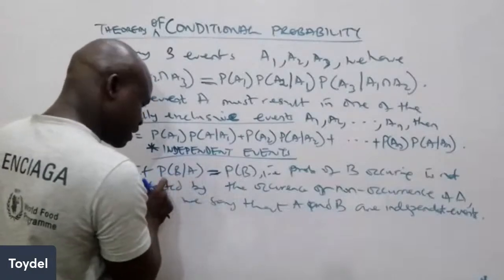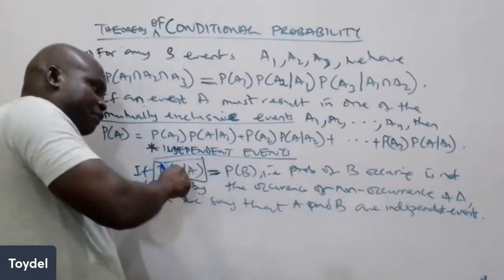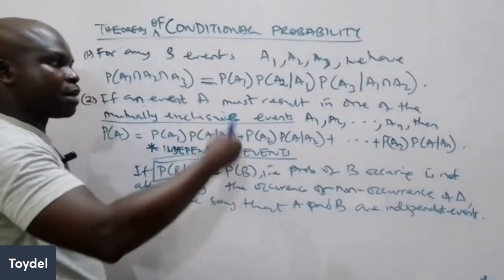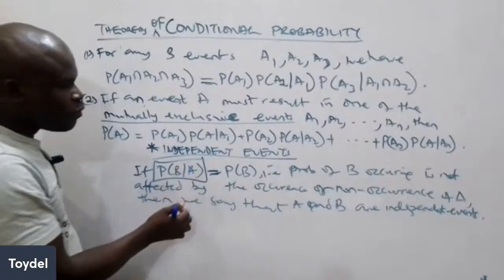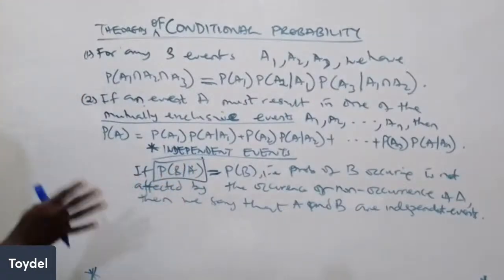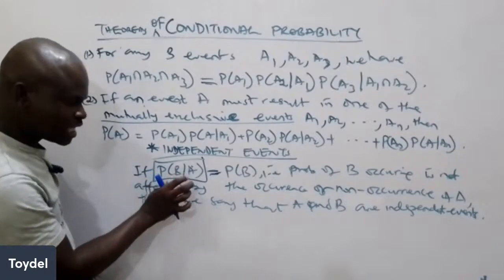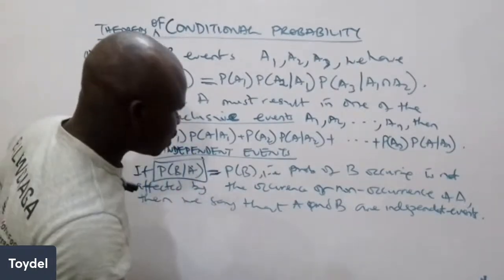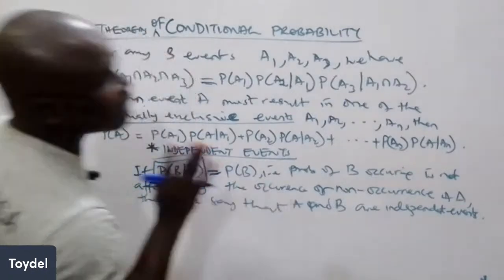Under conditional probability, probability of B occurring is affected by A, because that is the meaning of probability of B, given that A has occurred. But under independent events, if probability of B occurring is not affected by the occurrence or non-occurrence of A, then we say that A and B are independent.